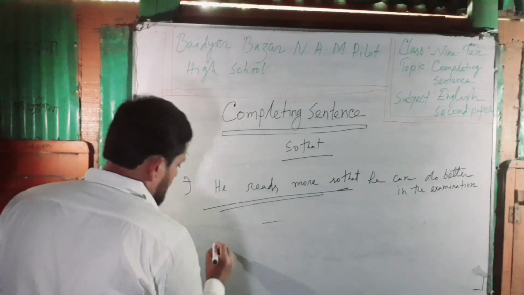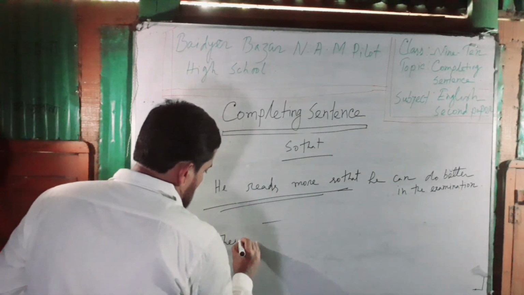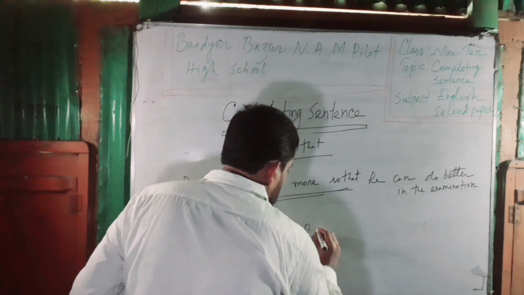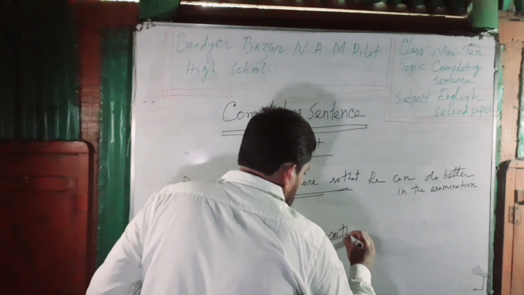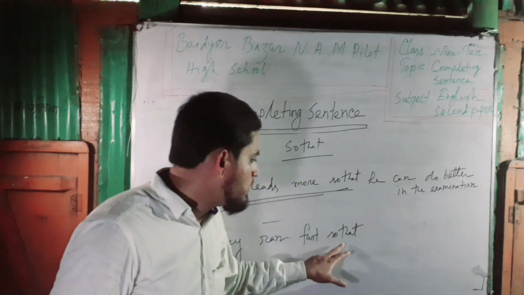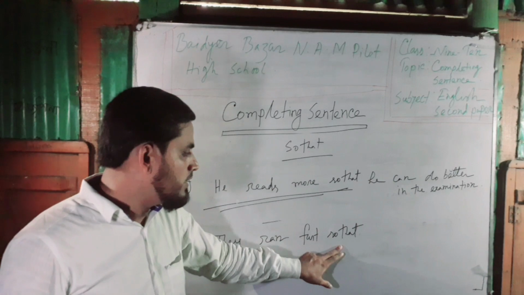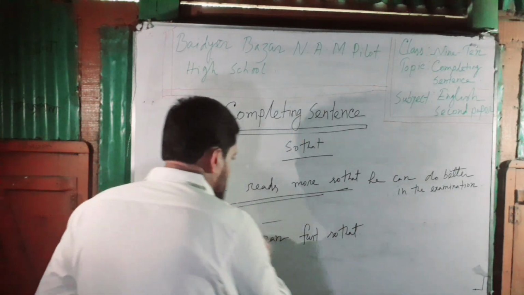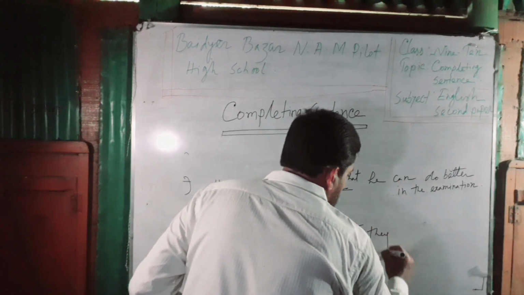Next, they ran fast so that. Now we can see that it is also a sentence that we will have to complete. There is "so that". If we want to complete the sentence, first we will write the subject they.